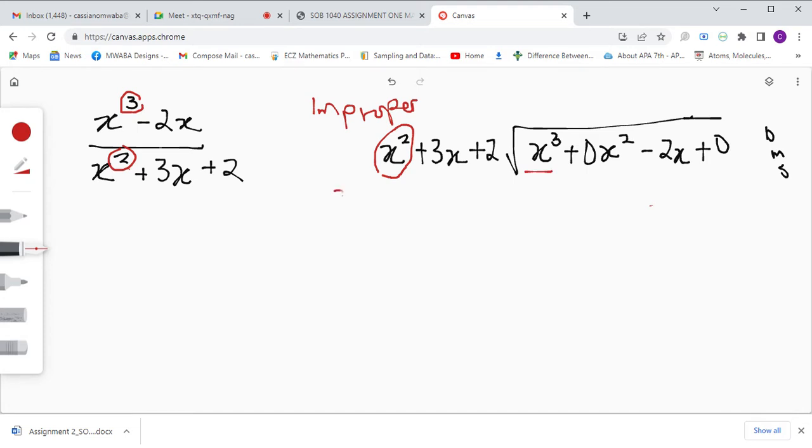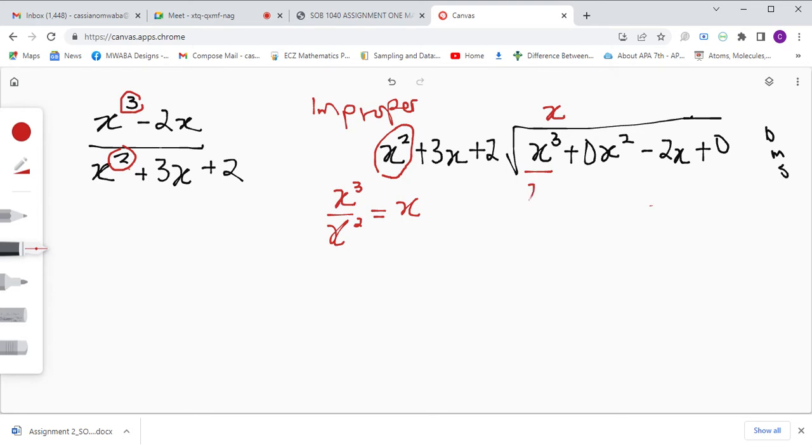We start with our first leading term, x cubed, divided by x squared. We are going to get x. So we put here x. We've done step 1, we divided.